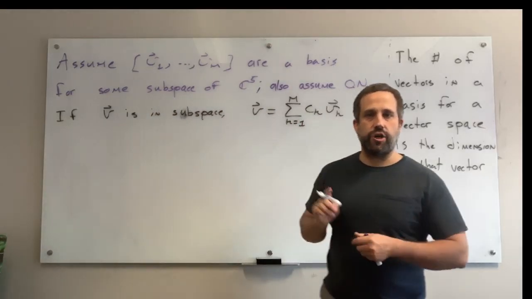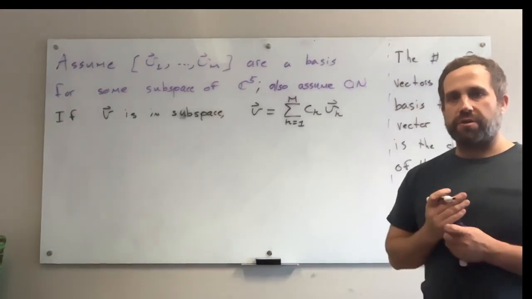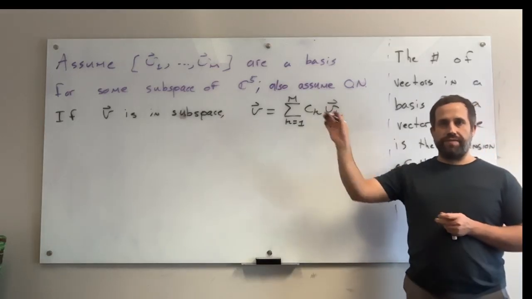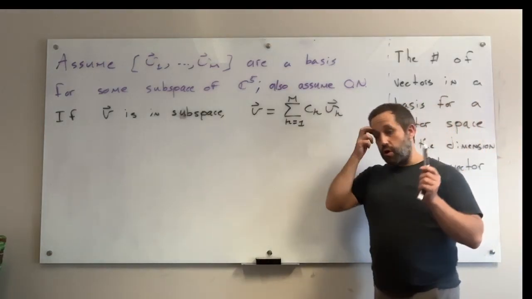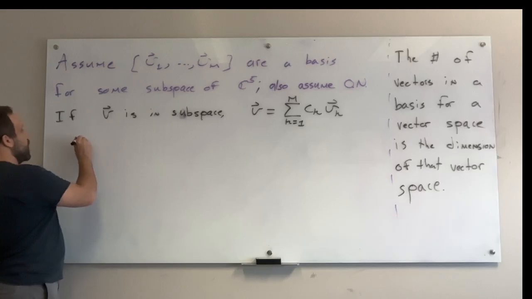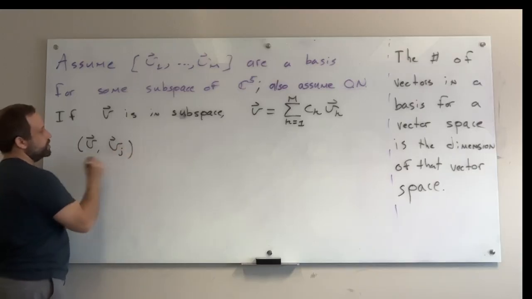One way that we can determine what the ck's are is by solving this matrix vector equation. But notice what else we can do. Notice what happens if I do the inner product of V with one of these, let's say V and Vj.